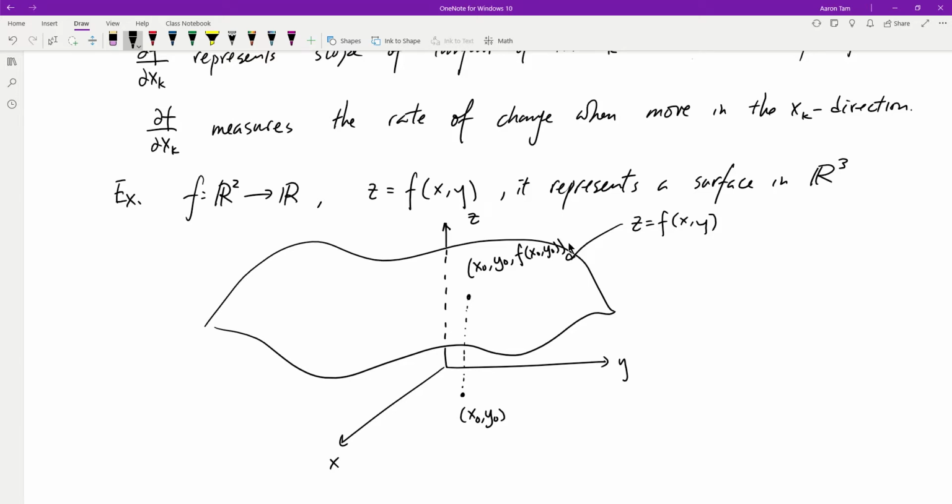Now, you probably remember seeing this picture. What if I draw a line parallel to the y-axis that goes through the point x sub 0, y sub 0? That would be the line x equals x sub 0. This line corresponds to some kind of curve that goes left to right, just like this red line.